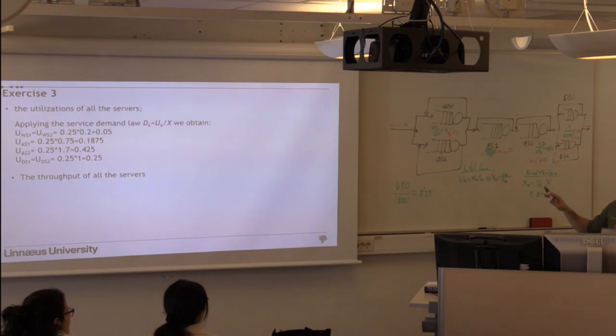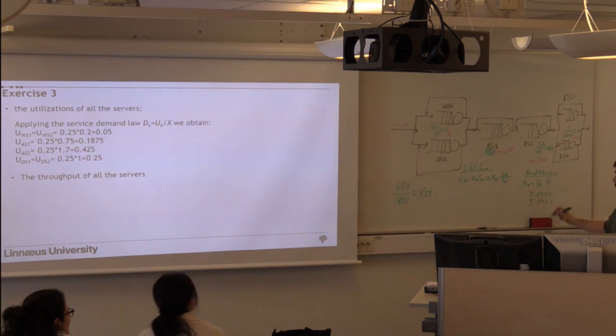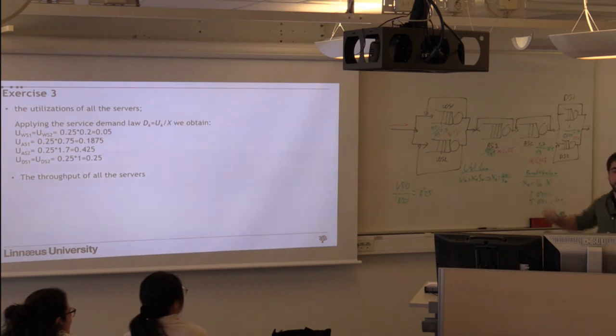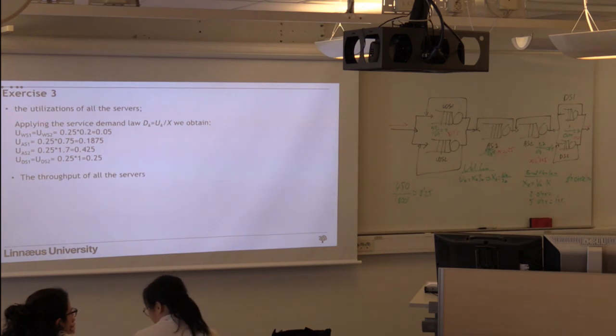So both rules are giving the same answer, which is expected and good to get. The next one, 5 times 0.25, 1.25, which is the same as this. The application server 2, 8.5 visits times the system throughput, 0.25, is 2.125.